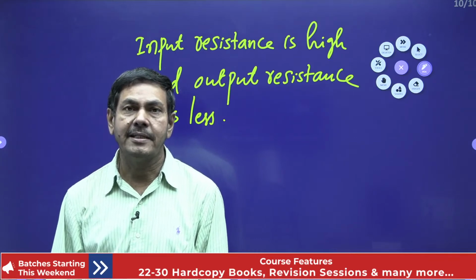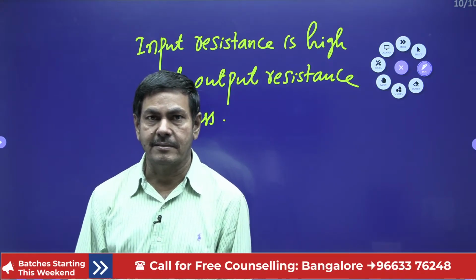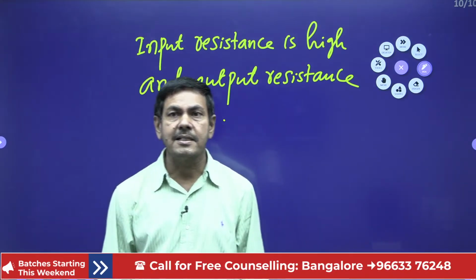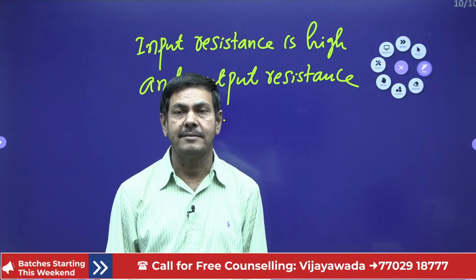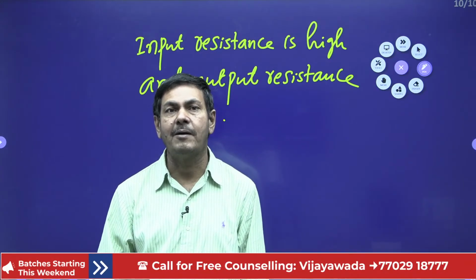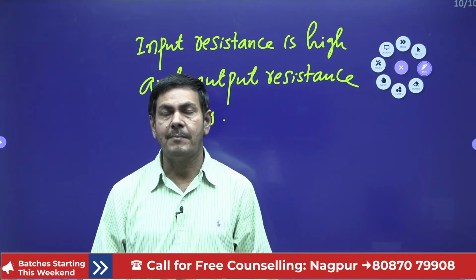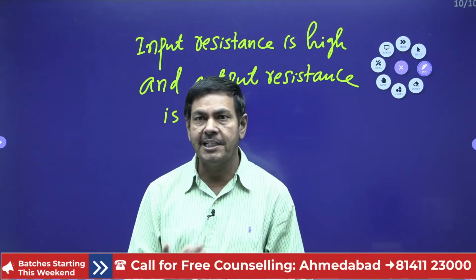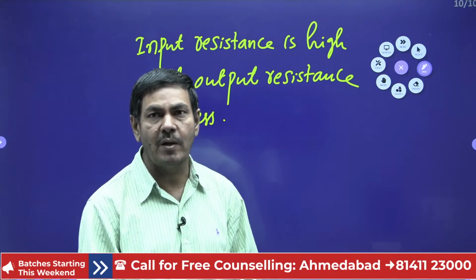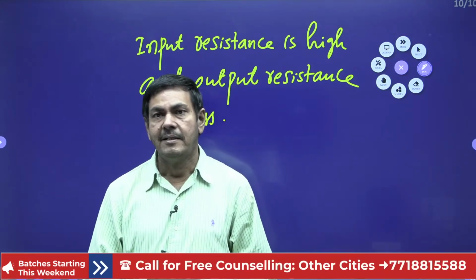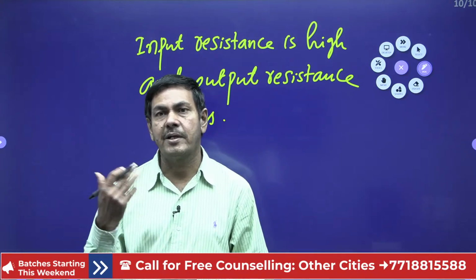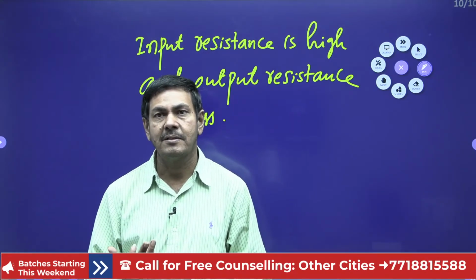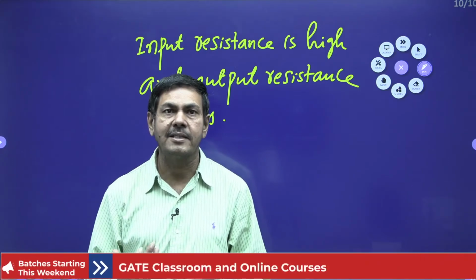What about the quality of the transistor? The quality of the transistor is determined by finding the value of gamma. Gamma is nothing but IE by IB. By using the IE by IB relation, they will find the quality of the transistor, gamma. If the gamma value increases more and more, the quality is very good. If the gamma value decreases, the quality is very bad.